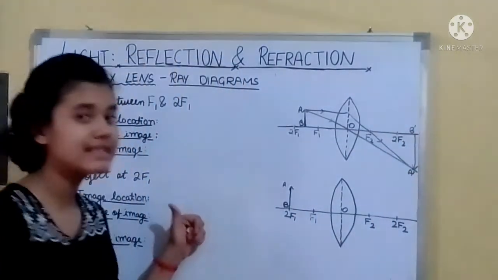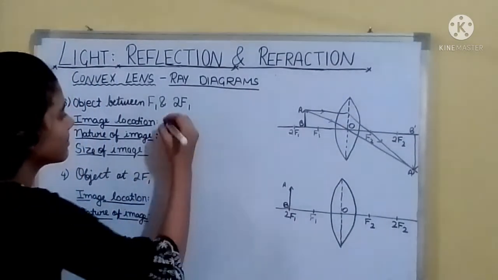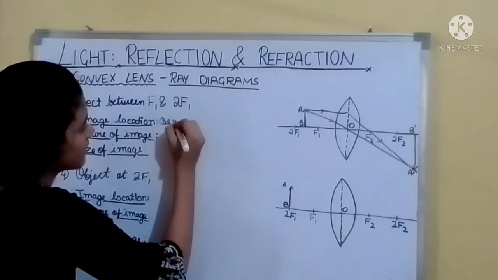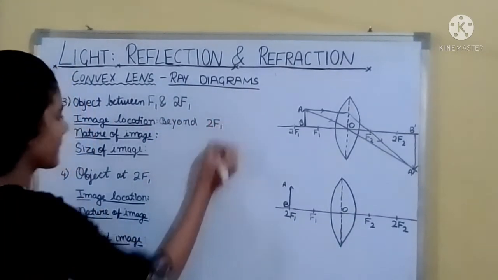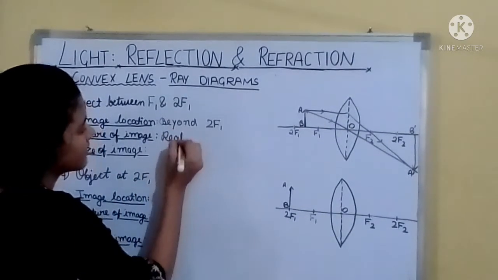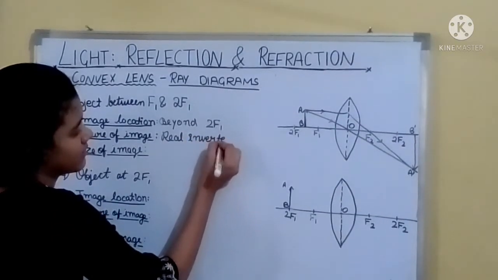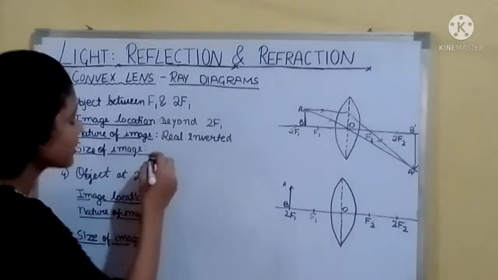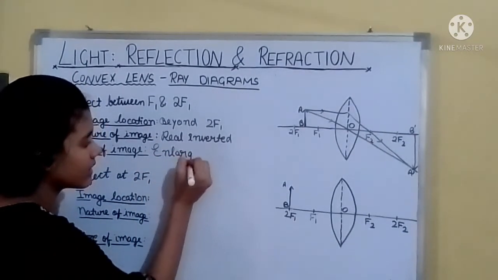This signifies that the image is inverted. The image location is beyond 2F1. The nature of the image is real and inverted. The image is enlarged in size.